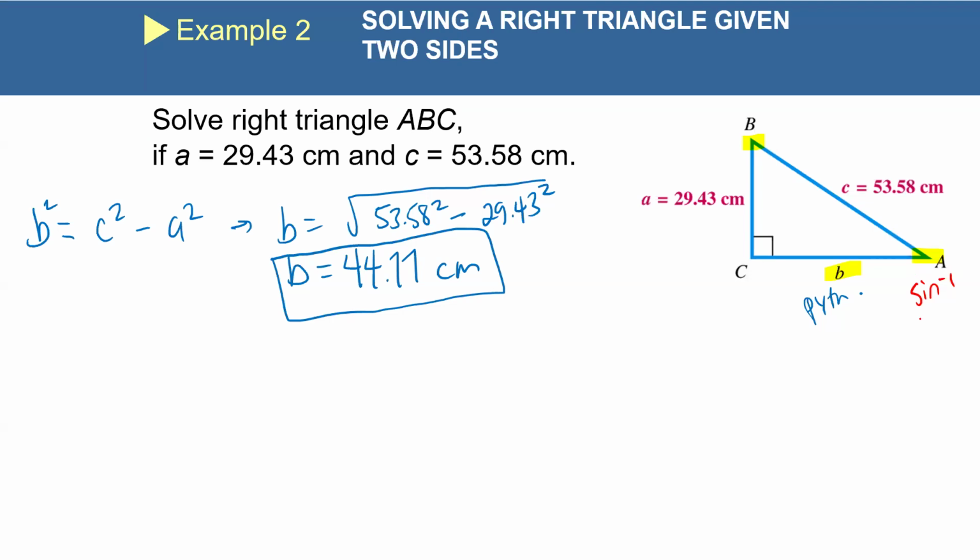So we're going to be using sine, which is opposite over hypotenuse, because you don't know the angle. So angle A equals the inverse sine of my opposite, which is 29.43, divided by my hypotenuse, which is 53.58. Agreed? Okay.